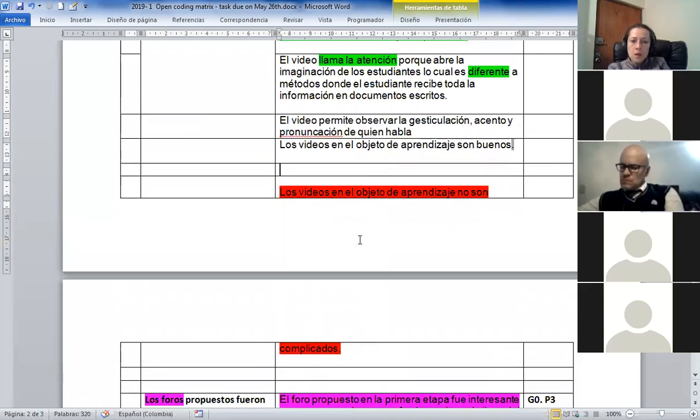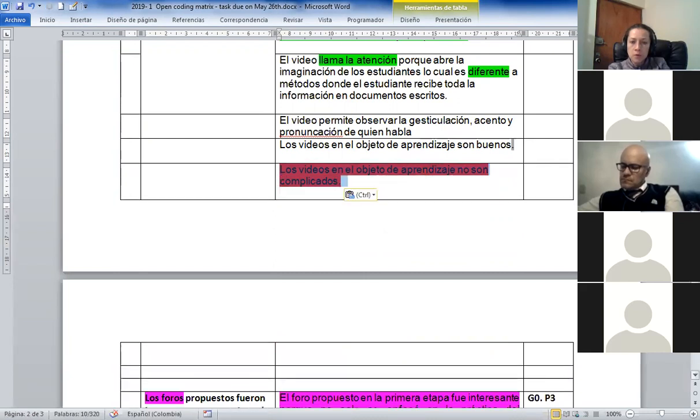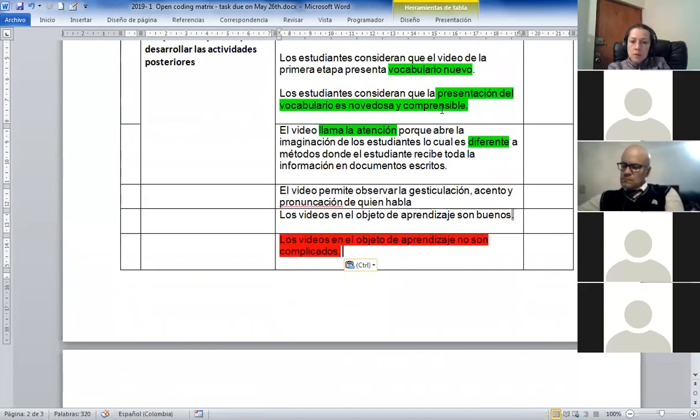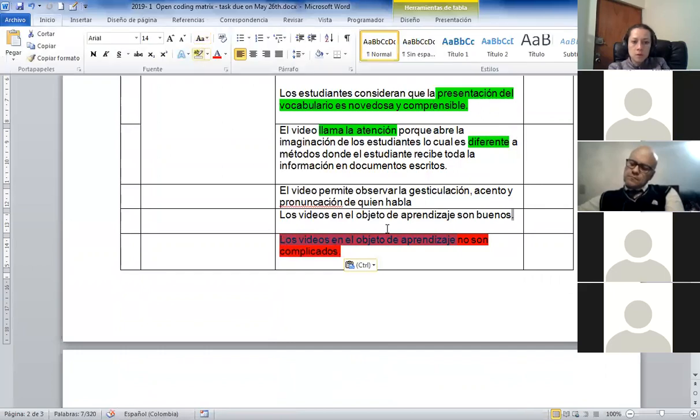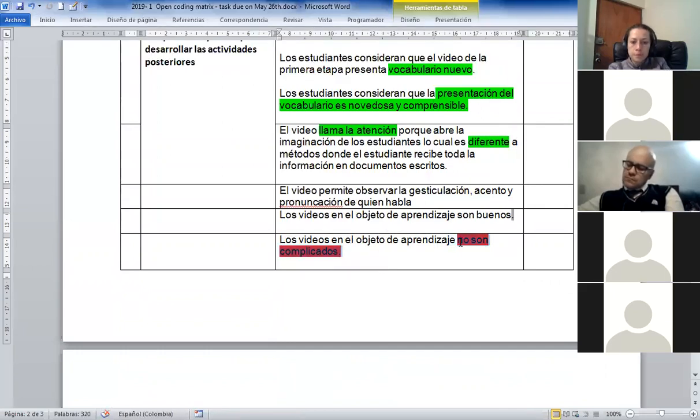And here, los videos en el objeto de aprendizaje no son complicados. So that idea is also mentioned by the first student, because she says here that they are comprehensible. So the idea that they are not complicated, complex, is common.